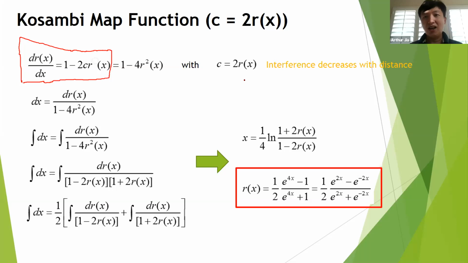Here we use a value for C which is closer to reality. Remember, 1 minus C equals the interference coefficient, right? So here we allow the interference between region 1 and region 2 to decrease with the distance.